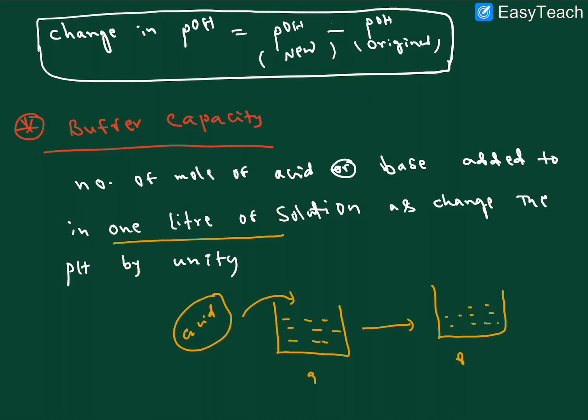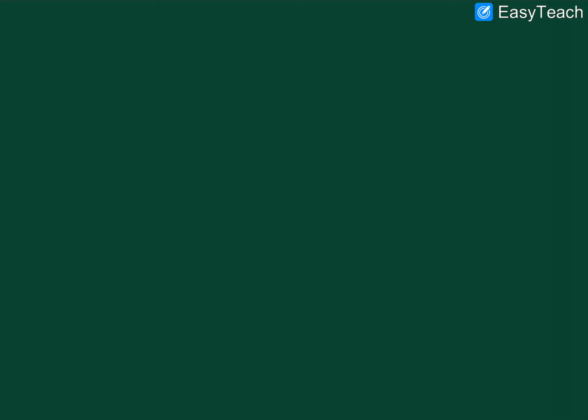That capacity is called the buffer capacity. I hope it is clear. The number of moles of acid and base added to 1 liter of solution that changes the pH by 1 unit, that is called the buffer capacity.